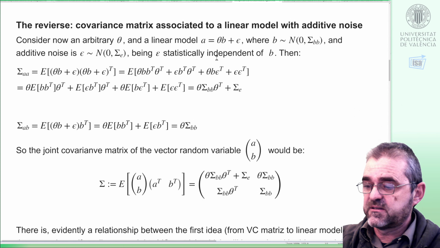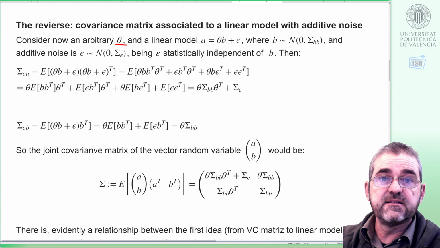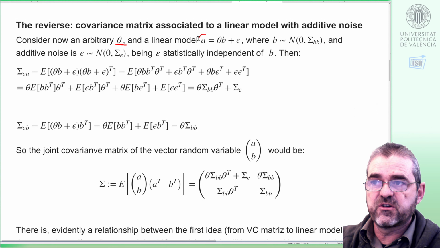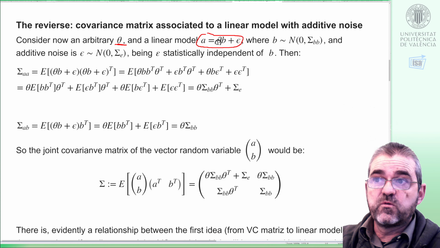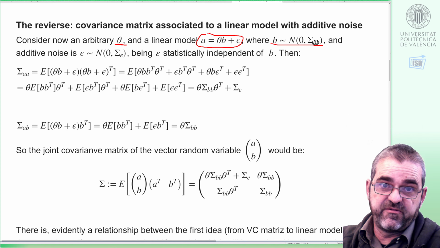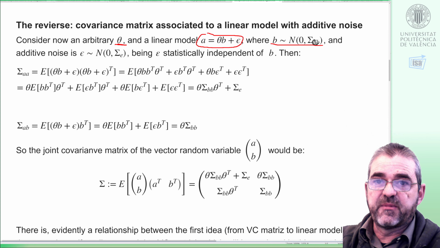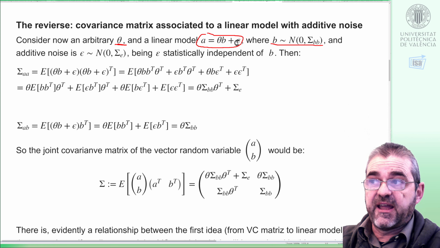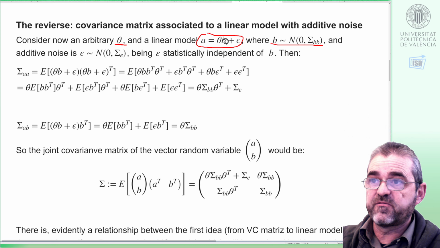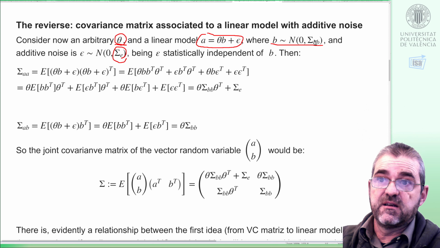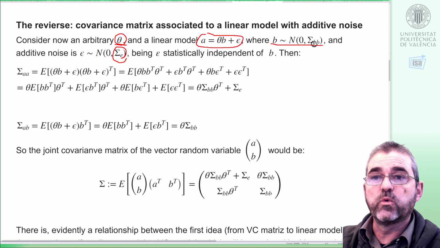Imagine now that we start with an arbitrary theta, a coefficient or a matrix gain, if we are in the multivariate case. So I have a linear model whose input is a random variable of covariance matrix, or variance if it's just single dimensional, sigma BB, and this epsilon is an additive noise, statistically independent of B, with variance sigma E. So theta, sigma E, and sigma BB are known.